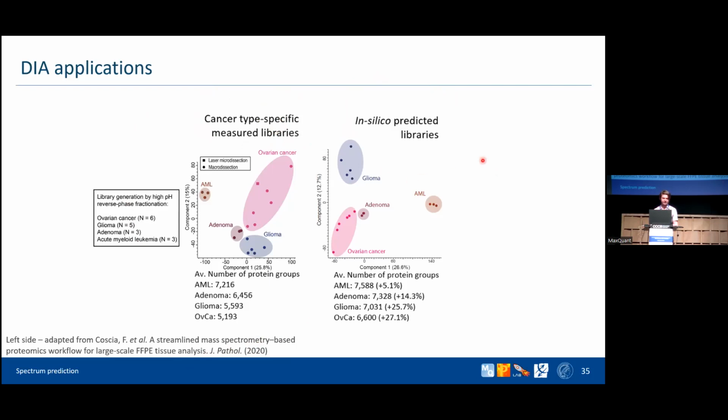And on the right, the same data was analyzed using MaxDIA with a predicted library of all human tryptic peptides, including up to 1 missed cleavage. And as you can see, it resulted in more protein groups and better separation of tumor types in the principal component analysis plot.